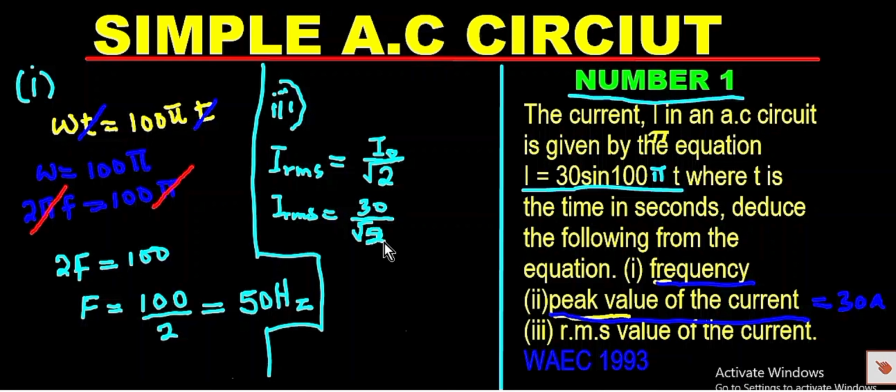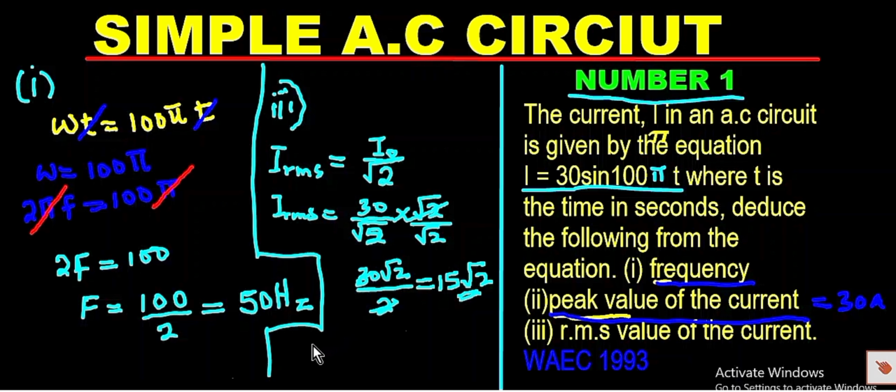I can simplify it by rationalizing, multiplying the numerator by root 2 and the denominator by root 2. So this is going to be 30 root 2 all divided by 2. You know why? Root 2 times root 2 is 2, so this is going to be 15 root 2, and that is the answer.